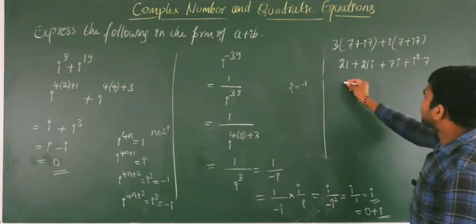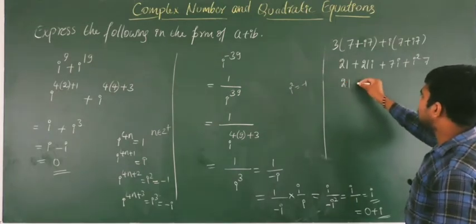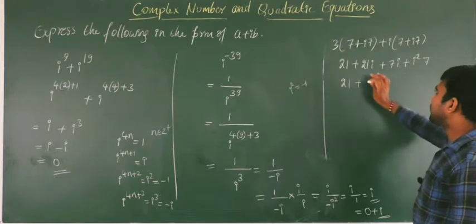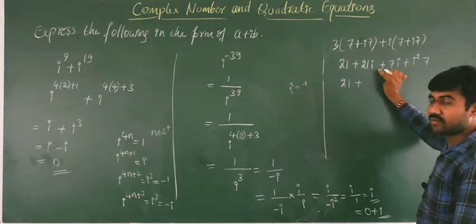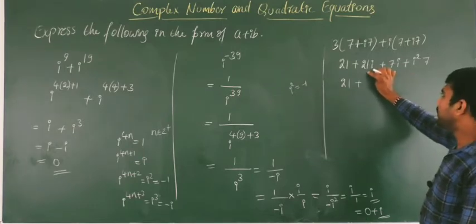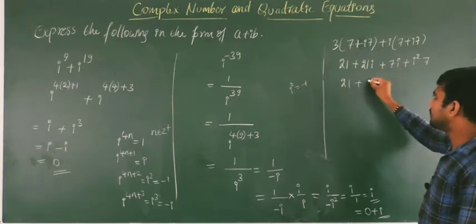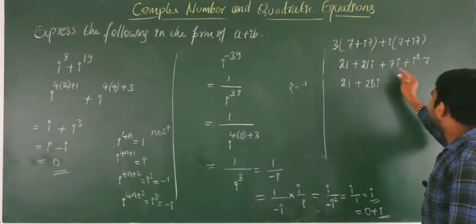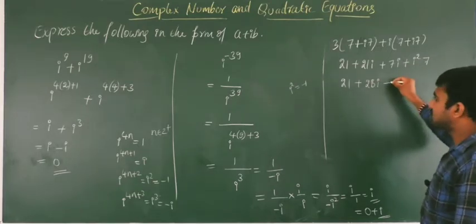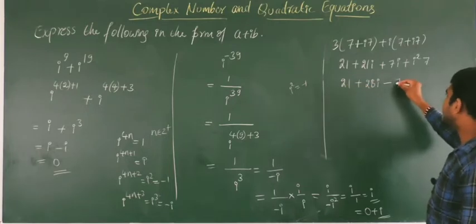So we can write this as 21, and the terms containing i are only in both terms. So 21i plus 7i is nothing but 28i. And i square is equal to minus 1, into 7, minus 7.